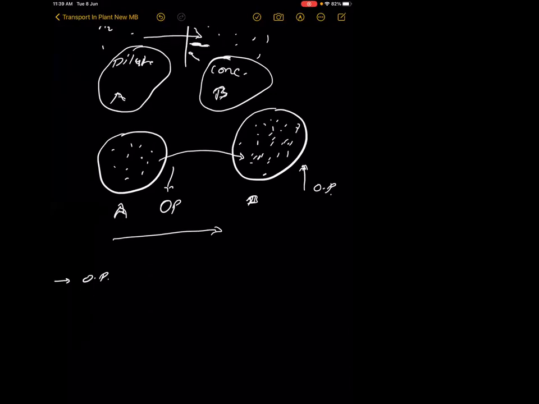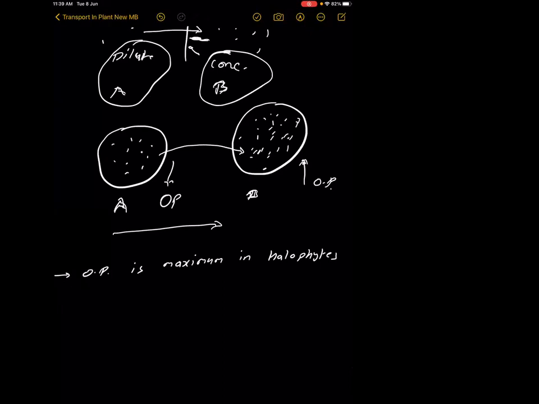Osmotic pressure is maximum in halophytes. Obviously, because these plants are growing in that area where more minerals, more salt is present in the soil.